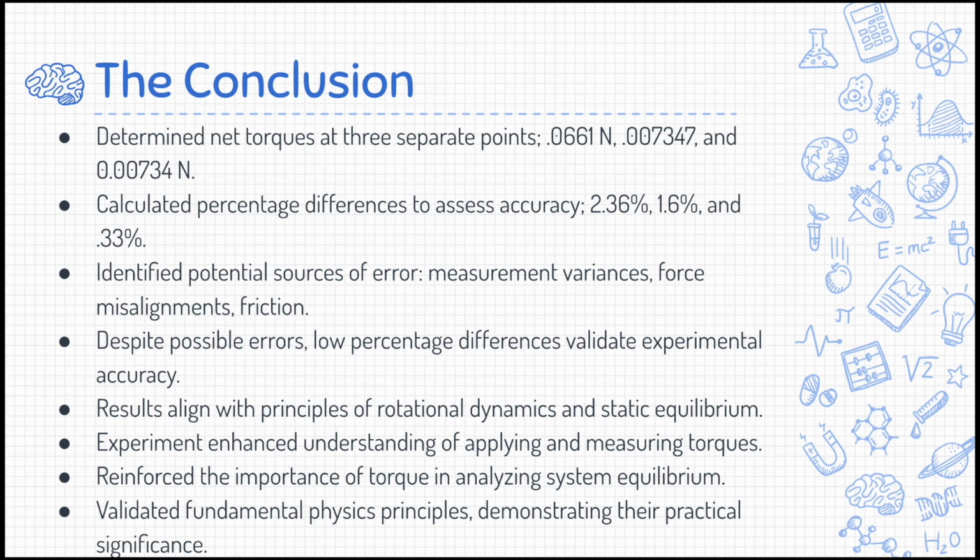These exceptionally low percentage errors signify that our experiment was highly accurate. Potential sources of error could have included measurement variances, slight misalignments in force application, or unaccounted frictional forces. Despite these, the small percentage differences underscore the reliability of our findings, which align with the theoretical principles of rotational dynamics and static equilibrium.